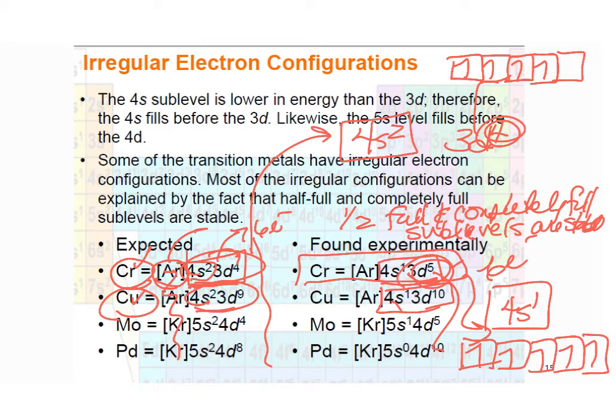So what has happened here? That is half full. A 3d5 is a half full d sublevel. A d sublevel, when completely full, holds 10 electrons. So 5 is half full. So by promoting one of the s electrons to the d sublevel, it has made itself more stable.